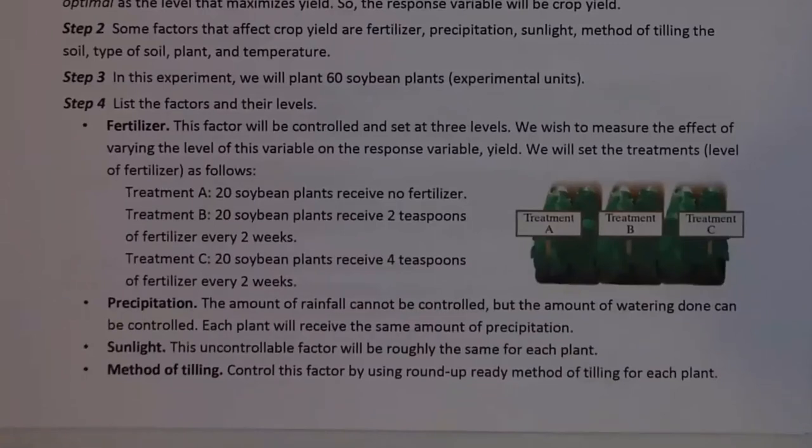But in terms of actual rainfall, we can't really control that. What we can do though is plant all 60 of these soybean plants in the same field so that whatever rainfall one soybean plant gets, the other soybean plants are going to get the same amount, whether it's a lot or a little.